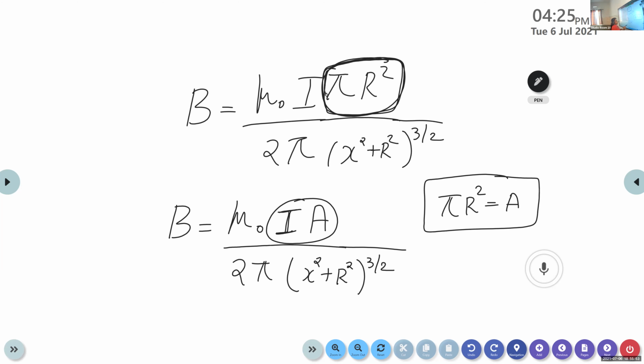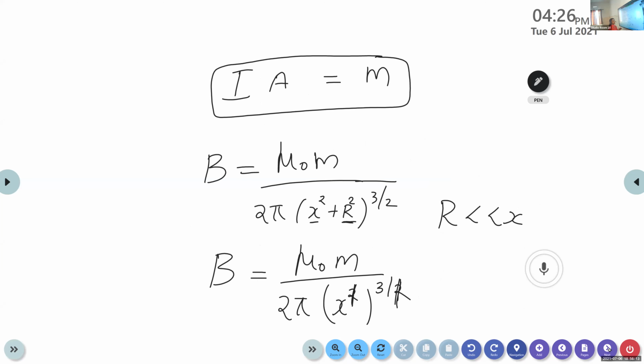And we already studied that the product of current and area of a current carrying conductor in a magnetic field is equal to the magnetic dipole moment m. So IA is equal to m. So we can write B = μ0 m divided by 2π(x² + r²)^(3/2).